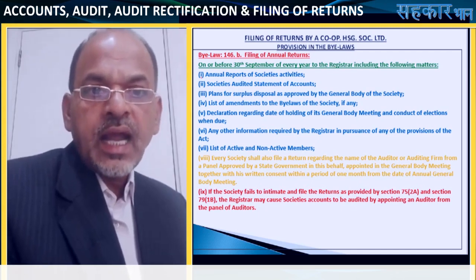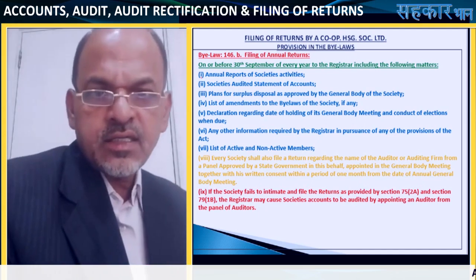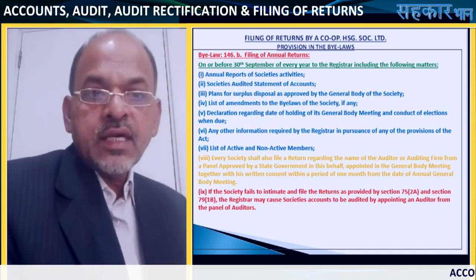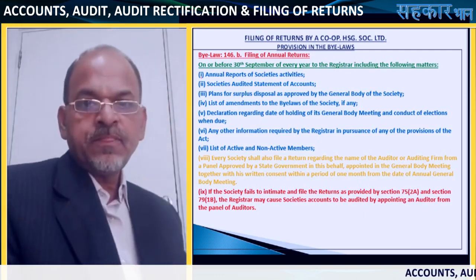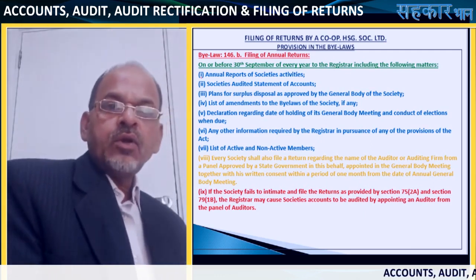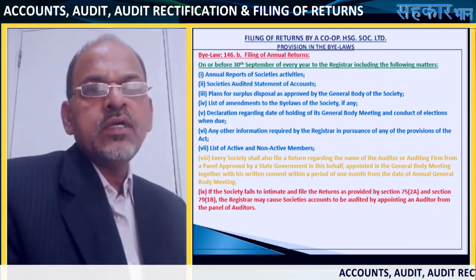And one additional item is suggested under the bylaws, that is a list of active and non-active members. This list of active and non-active members is also required to be submitted to the registrar.